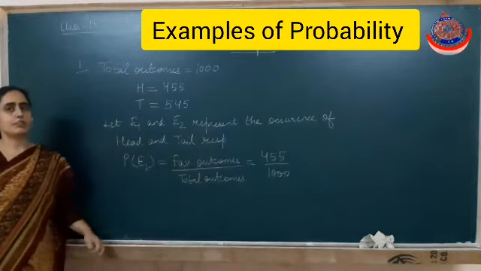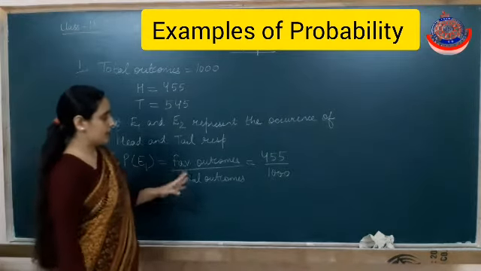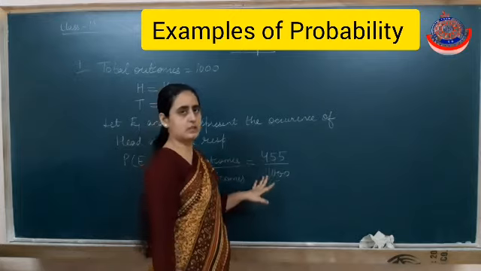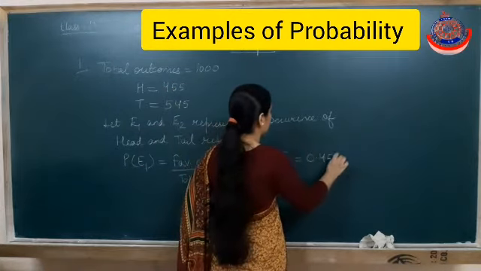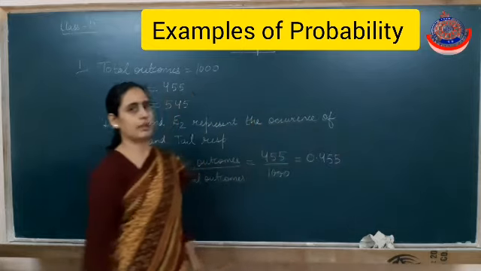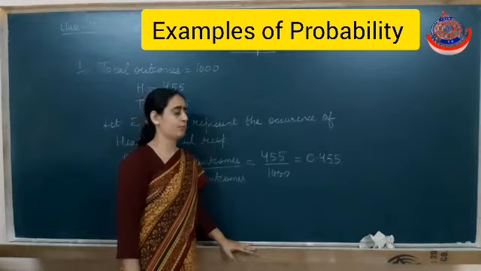Fine. Because favorable outcomes are 455 and total are 1000. So you can represent this way in simplest form also, or you can write it in decimal form also, like this. Fine. Both way it is correct. After cutting you can convert it into simplest form also.